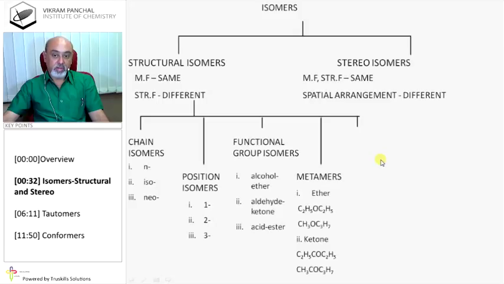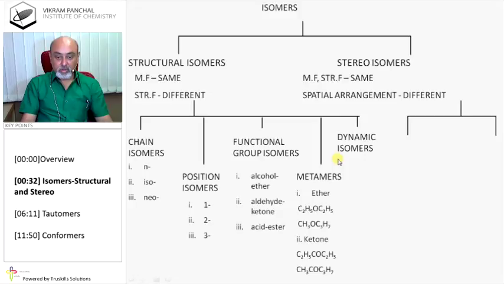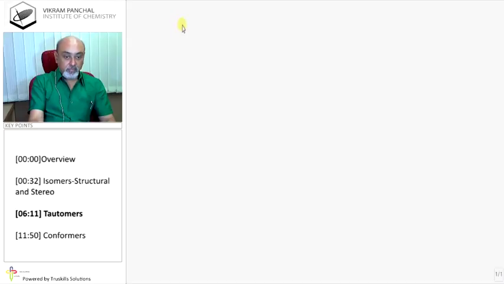Fifth structural isomer is dynamic isomers or tautomers. In dynamic isomerism, they are also known as tautomers.